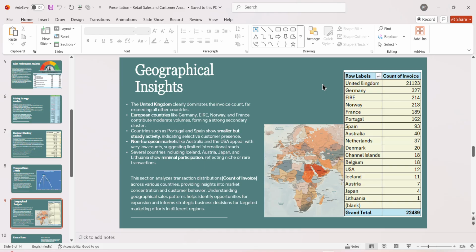This section analyzes the count of invoices across various countries, providing insight into market concentration and customer behavior. Understanding geographical sales patterns helps identify opportunities for expansion and informs strategic business decisions for targeting market efforts in different regions.